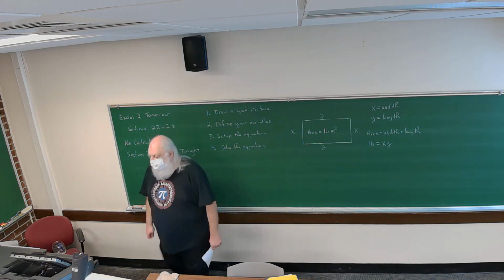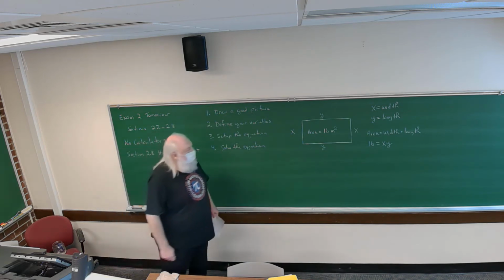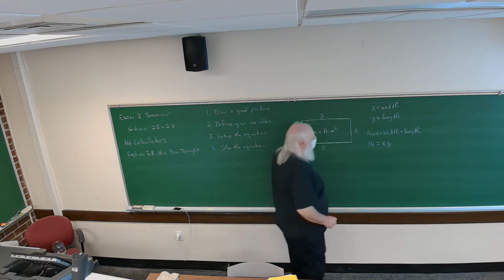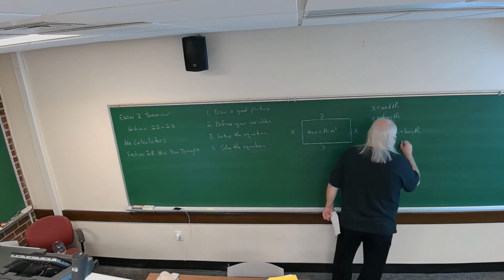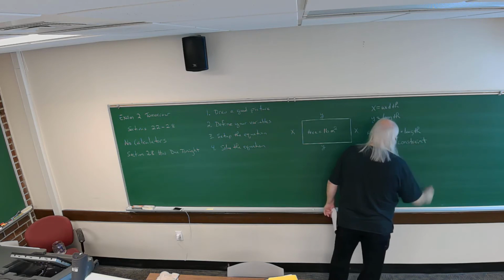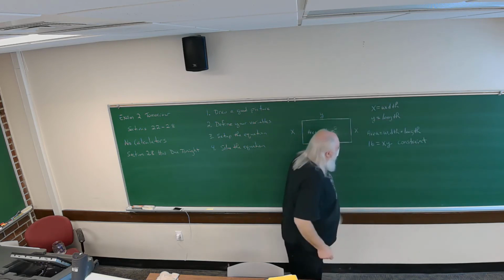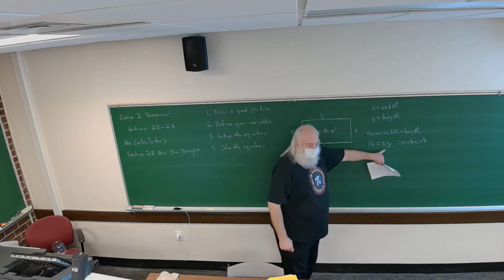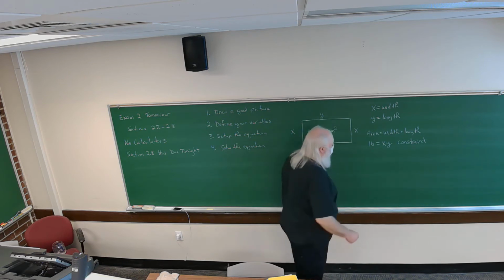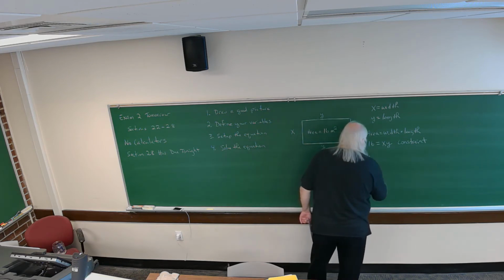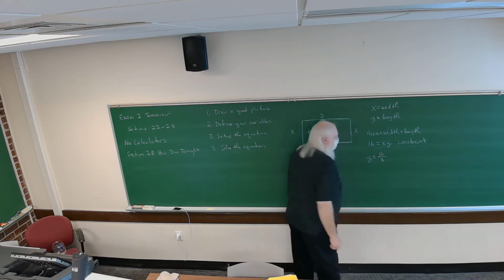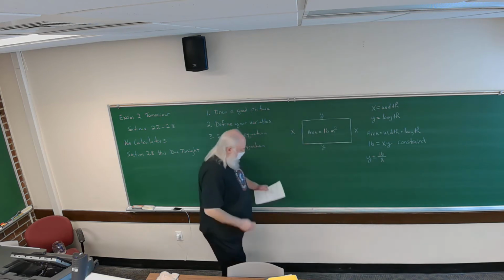So we have this constraint: 16 is equal to X times Y. If I solve for Y, I divide both sides by X. When I switch the two sides, I get the length of the rectangle is equal to 16 divided by X, the width.